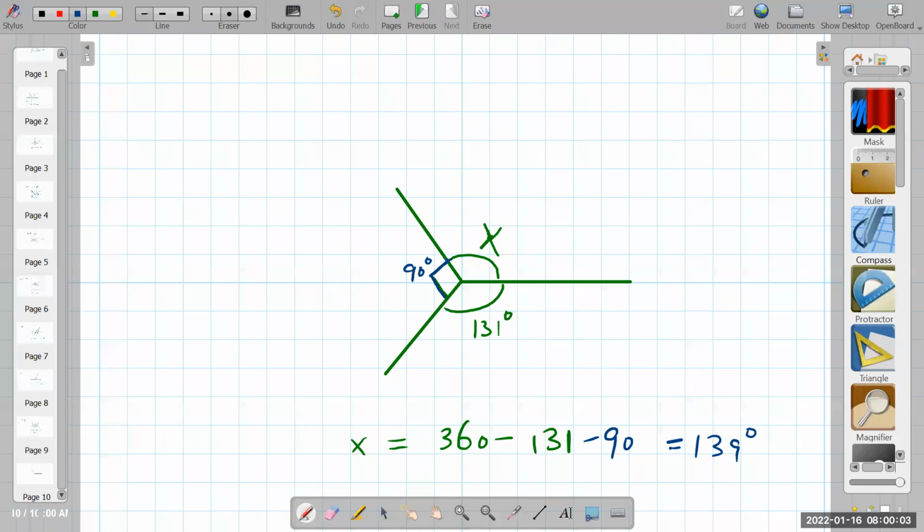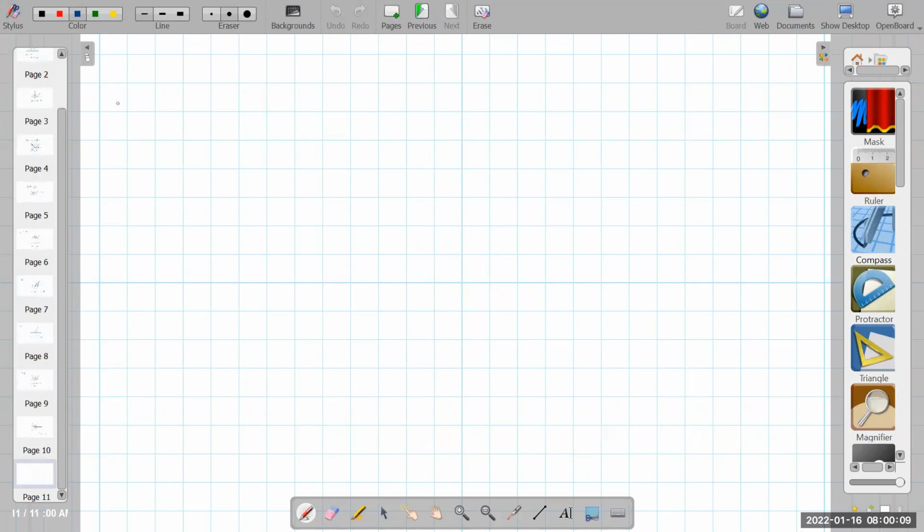Write down the value of x in each of these diagrams. Question number 2, question 2a. First of all, I'm going to draw the diagram. So x and 82.